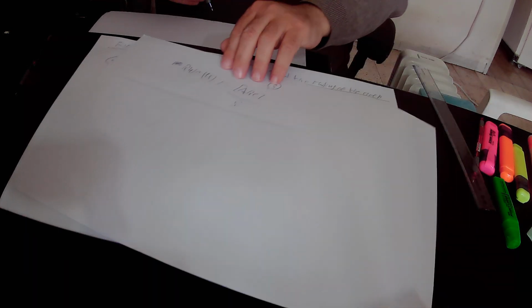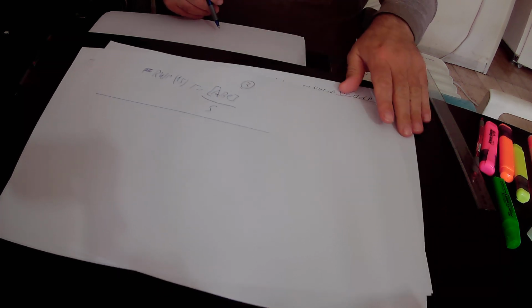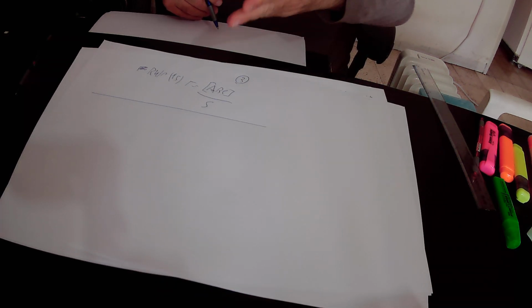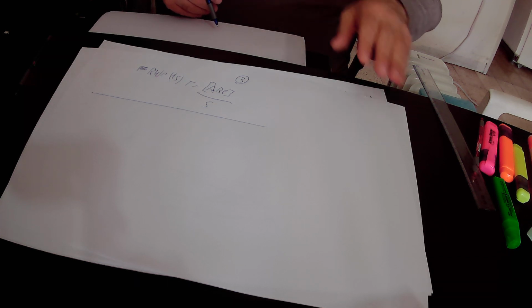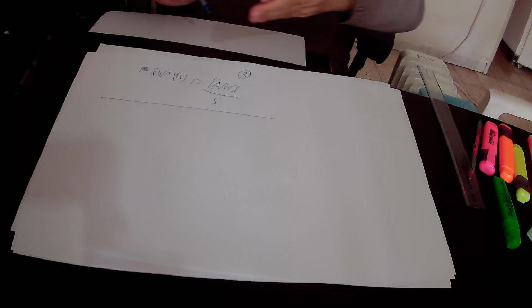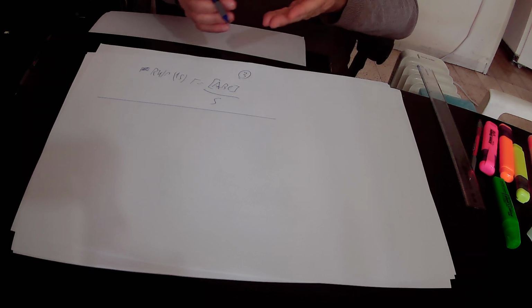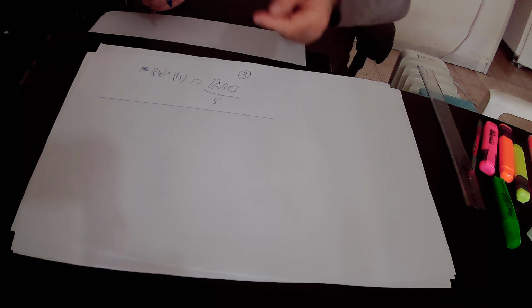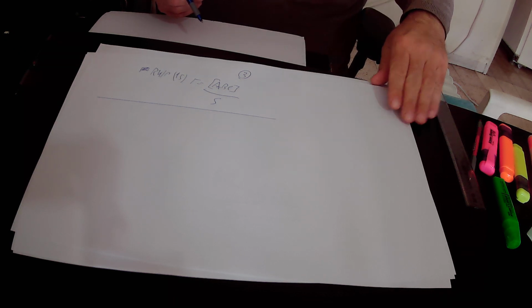So this equation is the implementation of rule number 15 in our drawing. The radius R of this circle, according to rule number 15, will be equal to the area of triangle ABC that blocks the circle over the semi-perimeter of the same triangle ABC.